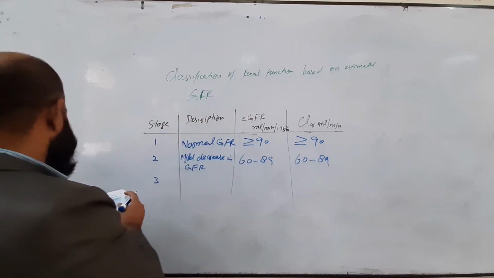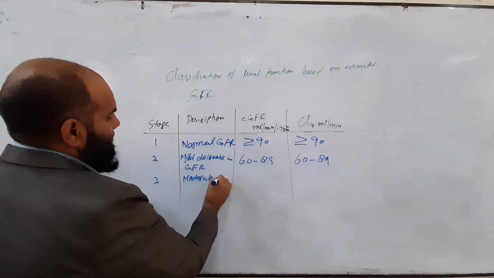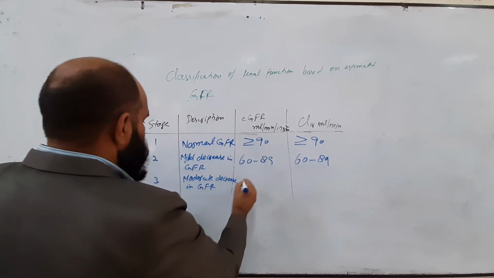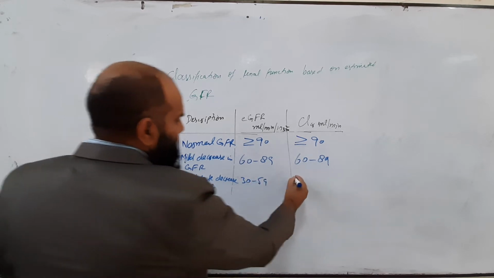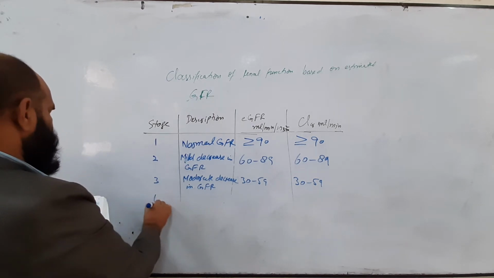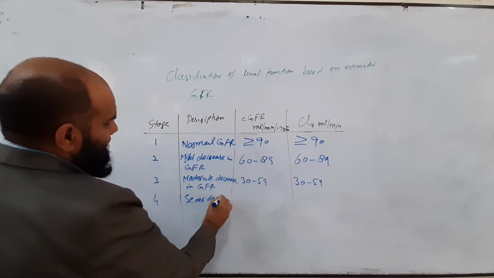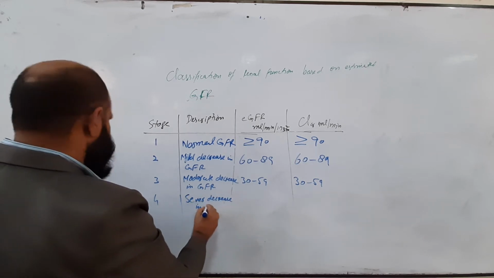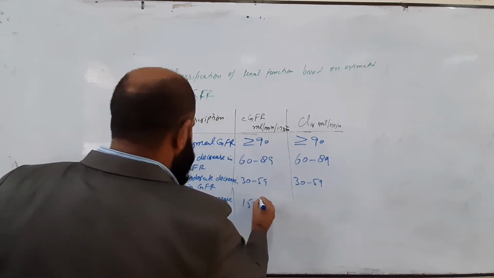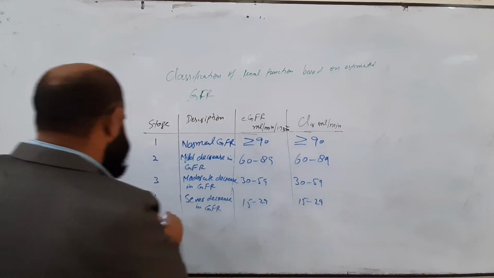Stage 3 is a moderate decrease in GFR, 30 to 59, and 30 to 59. Stage 4 is a severe decrease in GFR, 15 to 29, and creatinine clearance is also 15 to 29.